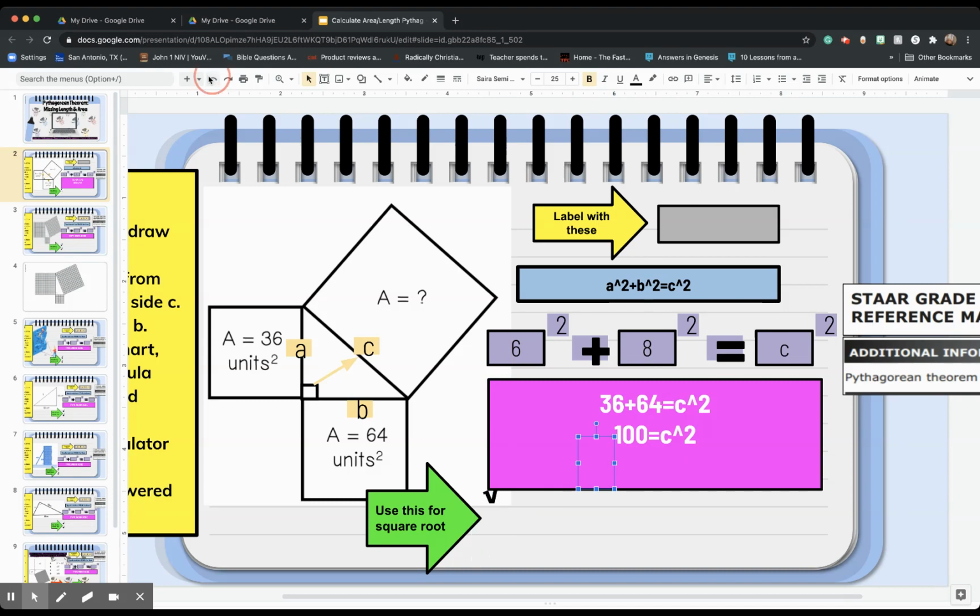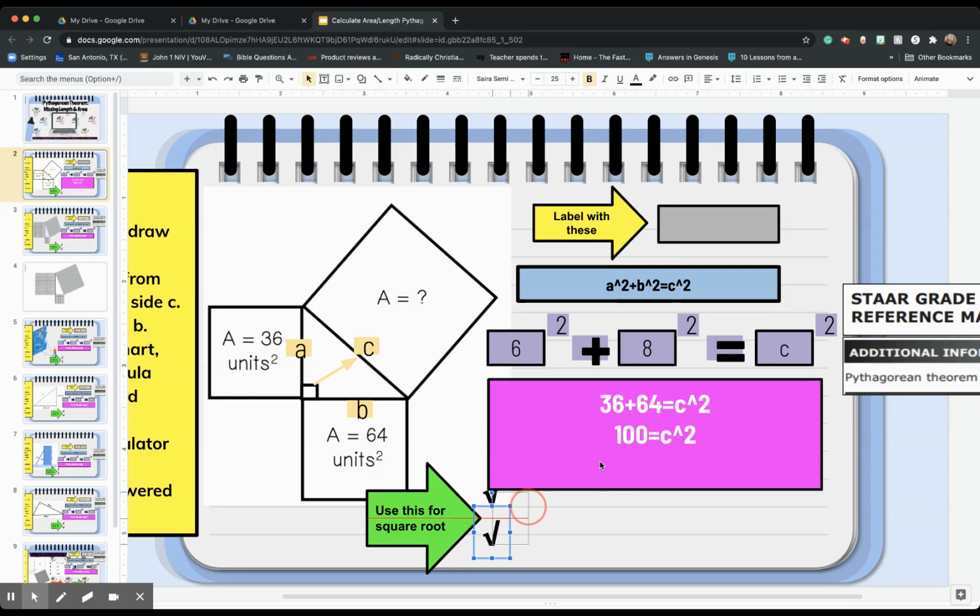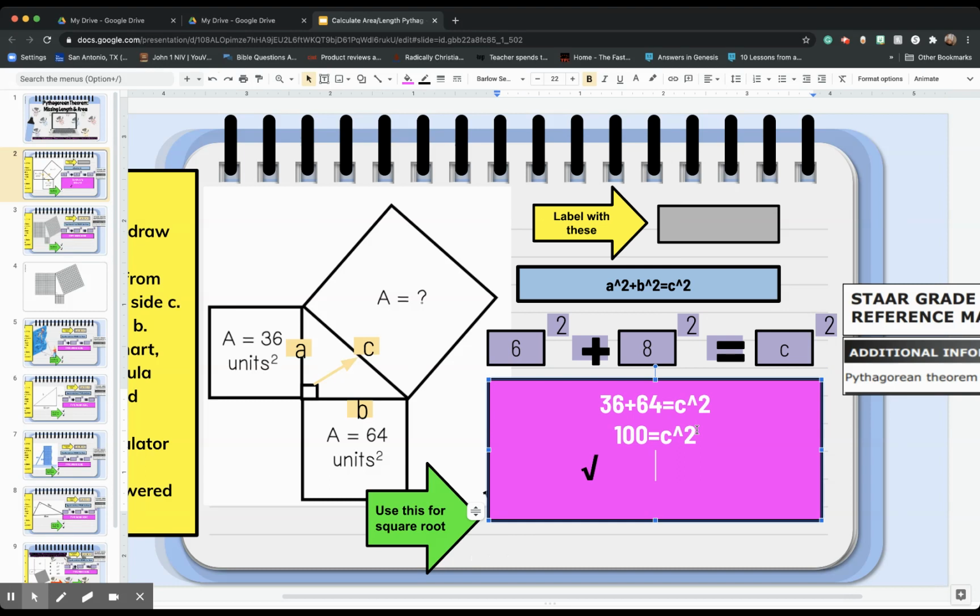Okay, so let me bring that to the front. And then we would go boom. We would do the square root of 100 is equal to the square root of c squared. But we would need to make sure that this square root would be right next to the 100.